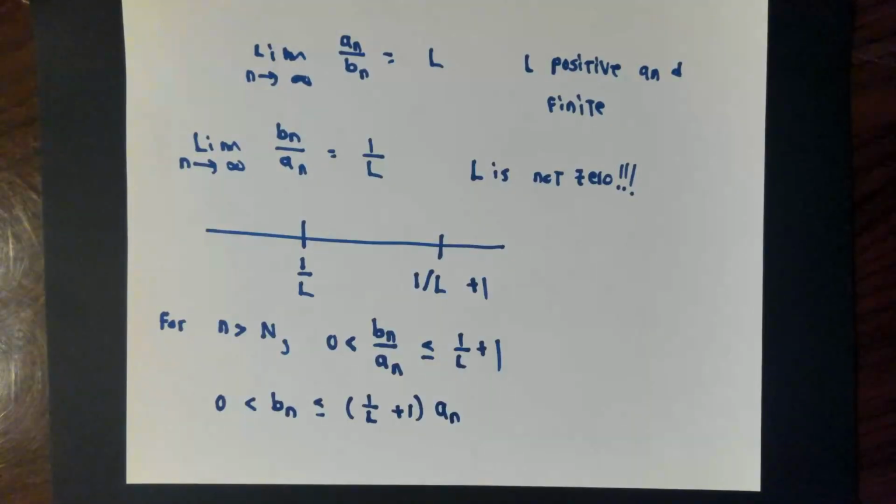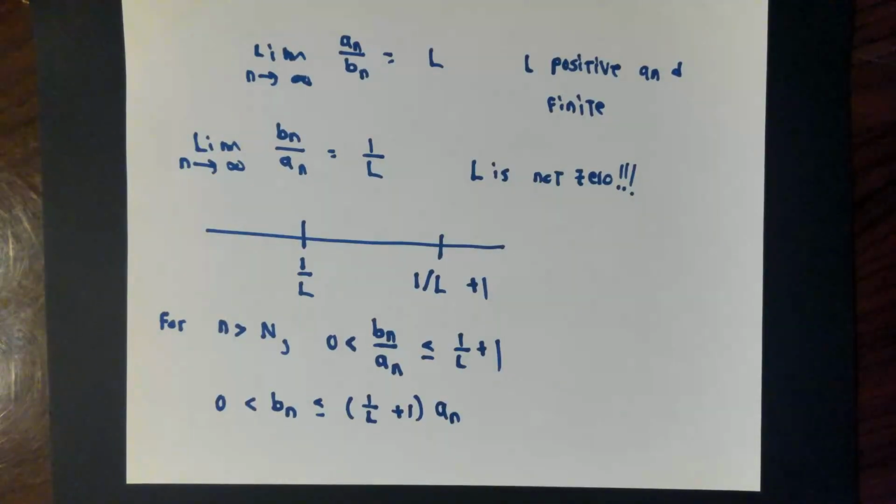For n sufficiently large, the fraction b_n over a_n cannot differ from 1 over L by much. If you increase the index sufficiently, you can make b_n over a_n no more than 1 over L plus 1. If you multiply through by the positive number, a sub n, you will get this inequality.